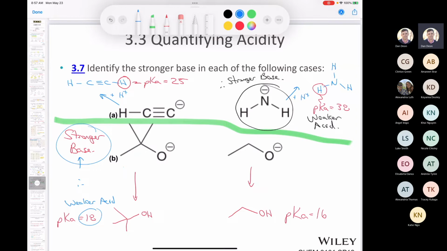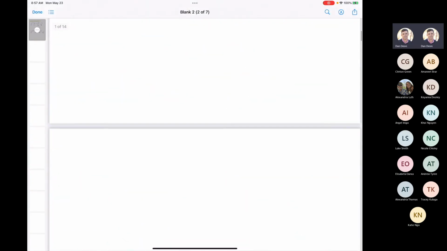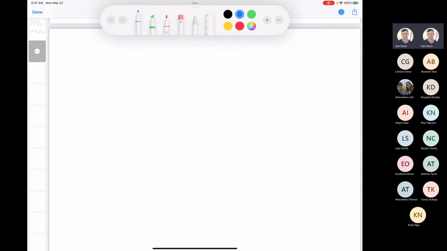Okay, let's try another one. Let's go over to a blank document here. And let's just come up with one here. Let's see. What if we did something like, if we were to compare, we're looking for stronger bases. So stronger base, question mark. What if we compared acetone versus water, H2O?